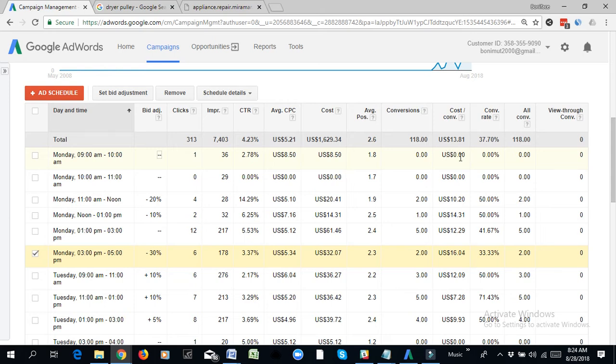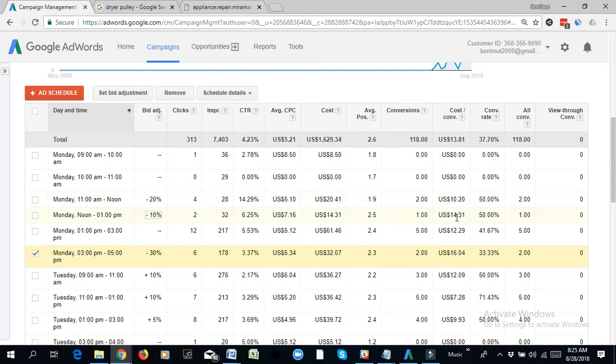So 9 to 10, we don't want to get rid of that because we only have 1 click so far and not enough data. For the second time block, not enough data. For Monday 11 a.m. to noon, we have a negative bid adjustment. It's a 1-hour time block, not very bad, so we don't necessarily want to get rid of that.